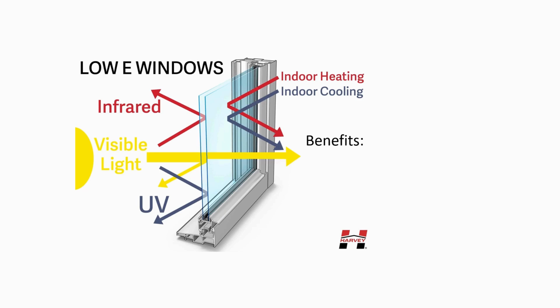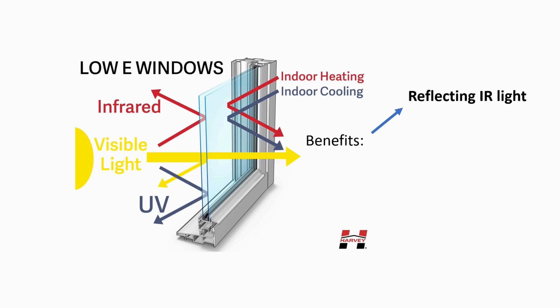This low emissivity window can reflect the infrared light, and as a result, it will reduce the heat gain, and this can help to keep interior temperature cooler during summer months in temperate climate.